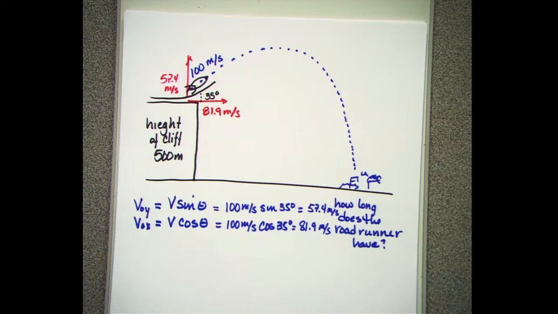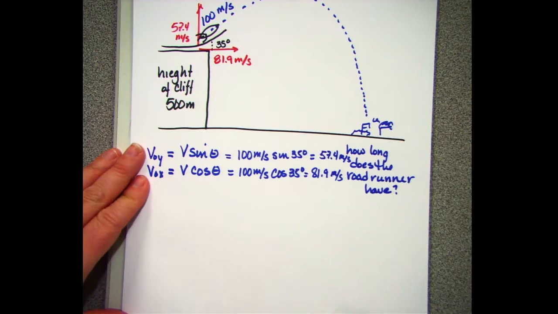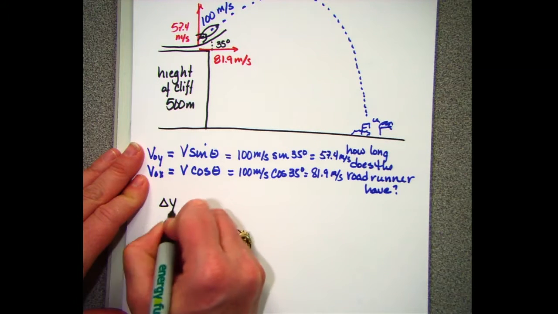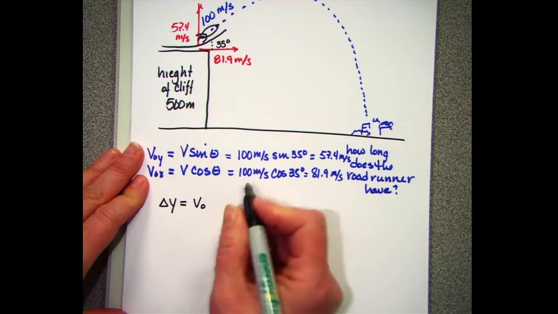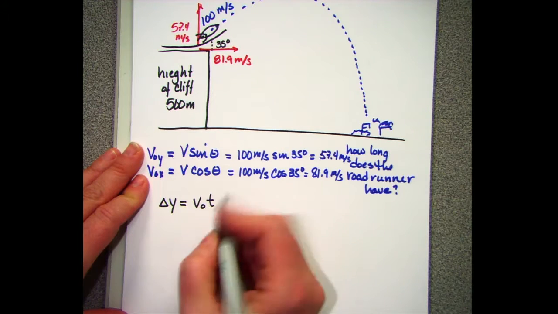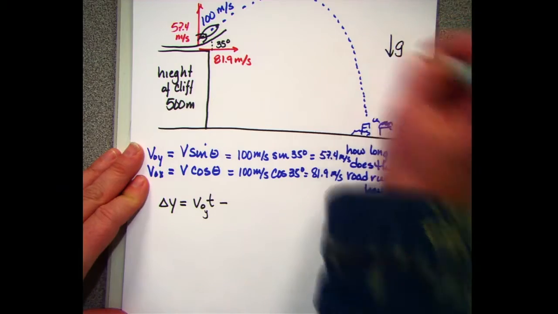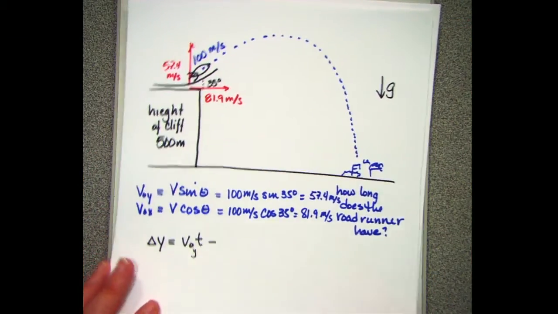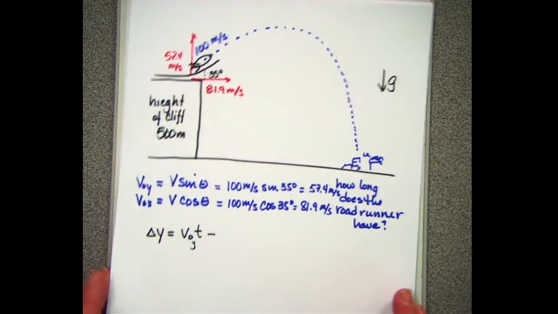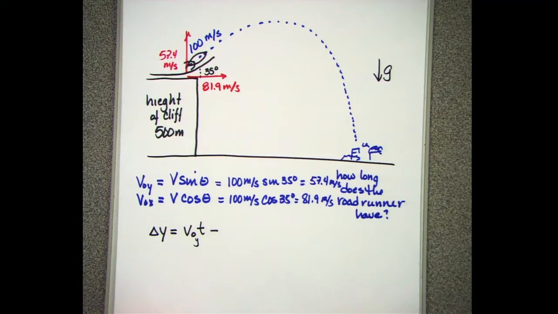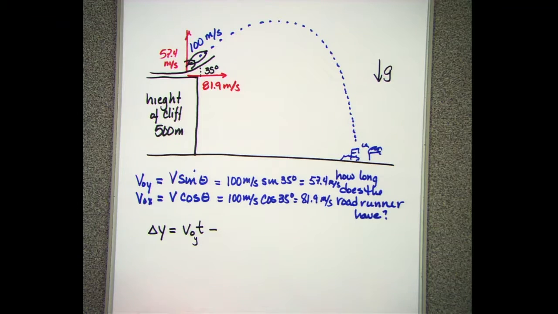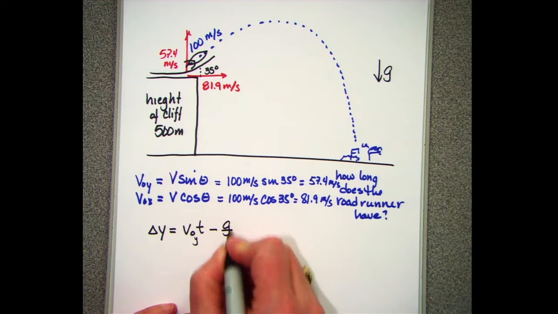We also have some tools in the toolbox, right? We know that the change in y is going to equal the initial velocity in the y direction times t. Gravity is pointing down, although we also know that the coyote and gravity have an interesting relationship. Sometimes gravity works, sometimes it doesn't for the coyote, but we got that part.